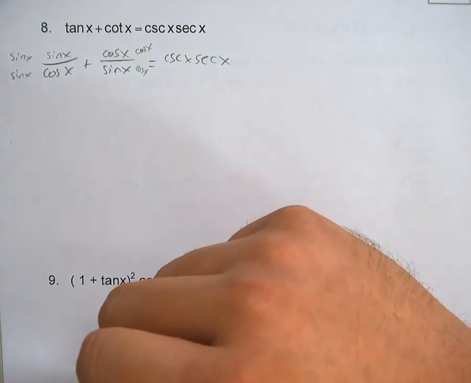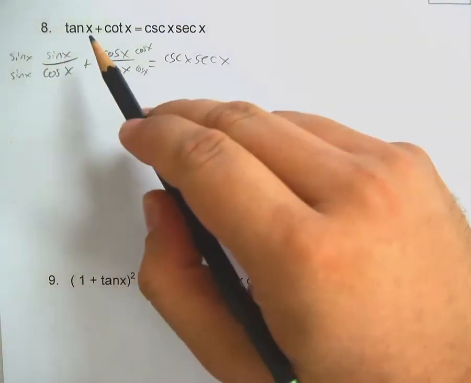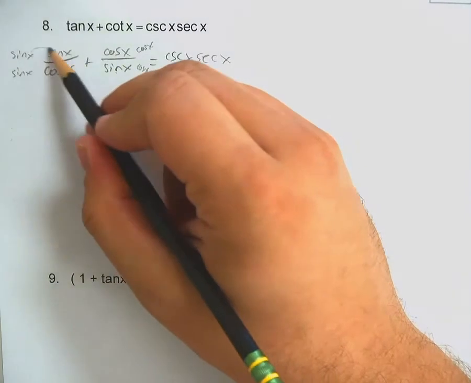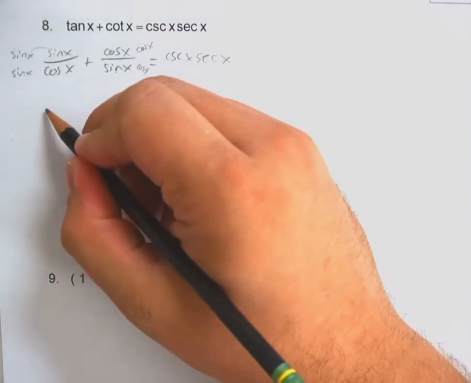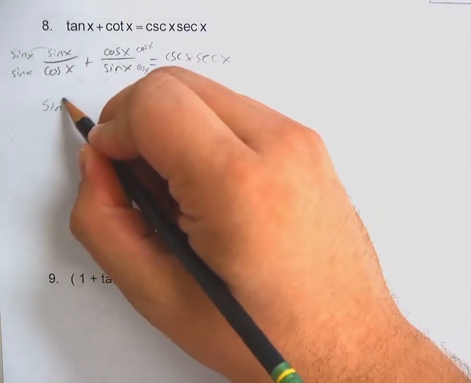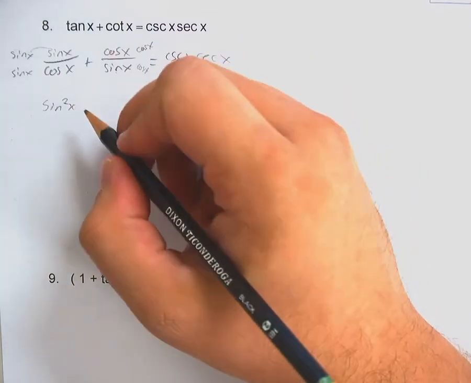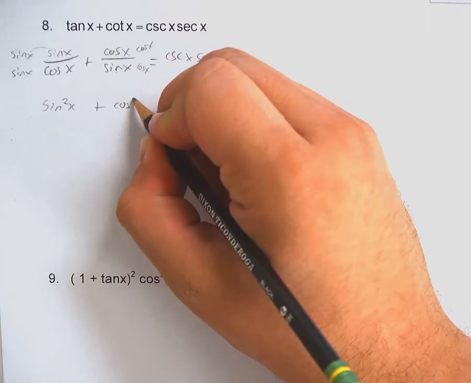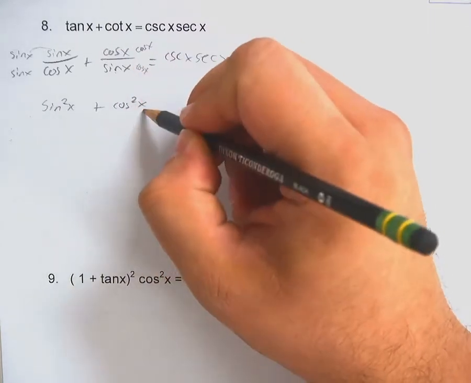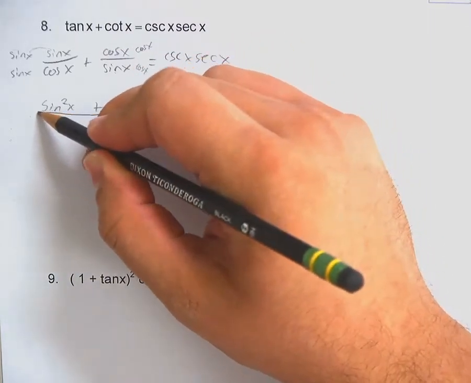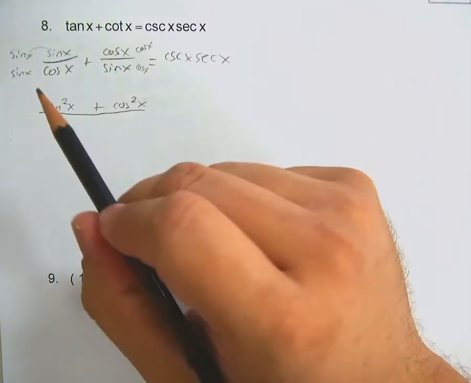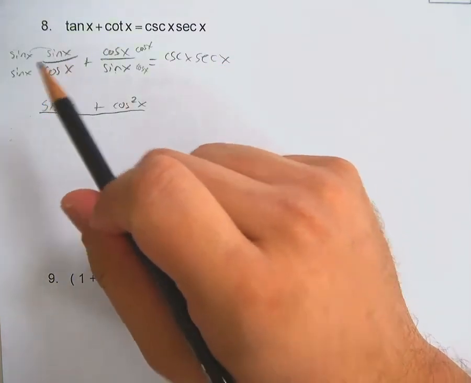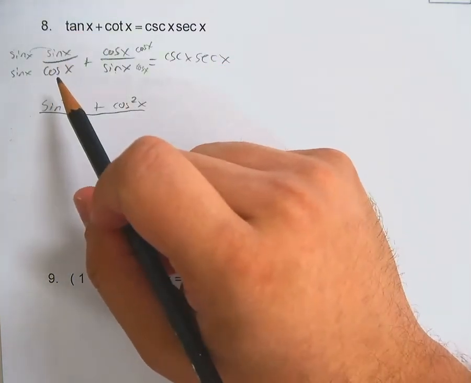And let's see what becomes of us. We have sine times sine, which is sine squared x, plus cosine times cosine is cosine squared x, all over my denominator now, sine x cosine x.